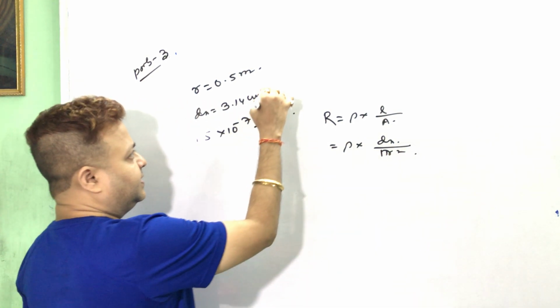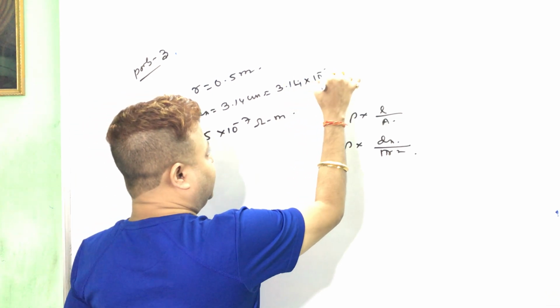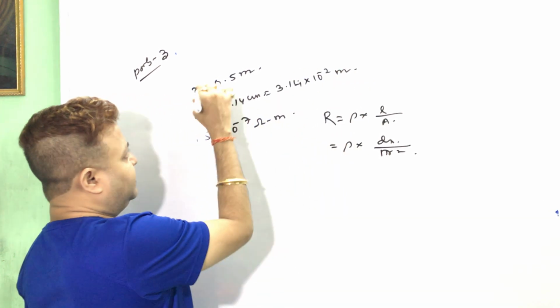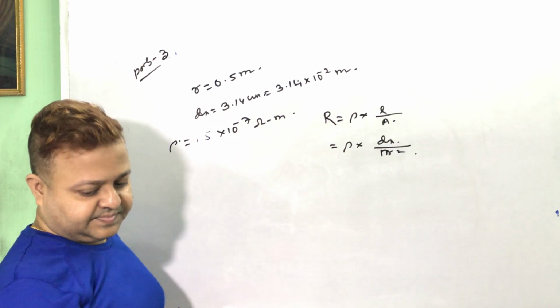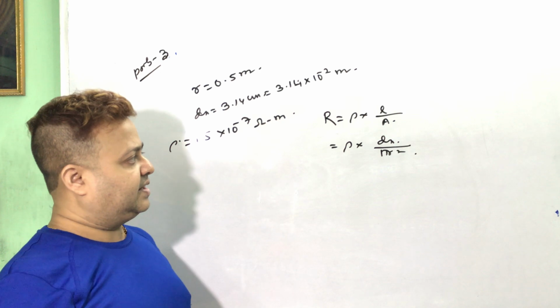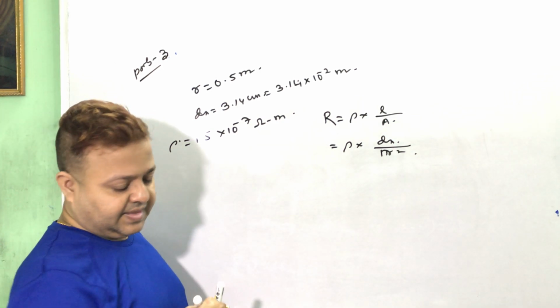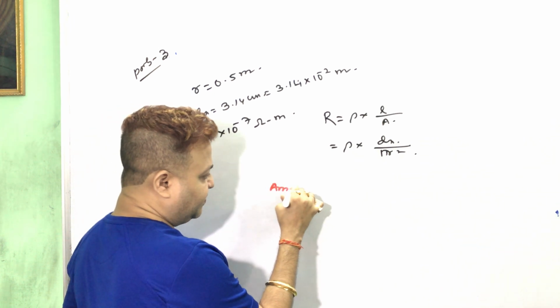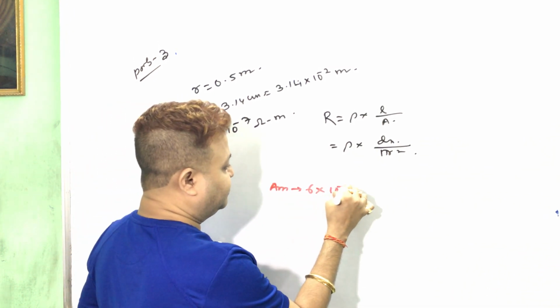Here the thickness is 3.14 into 10 to the power minus 2 meter. This is the radius and this is the specific resistance. Then calculate the total resistance. The answer is 6 into 10 to the power minus 9 ohm.